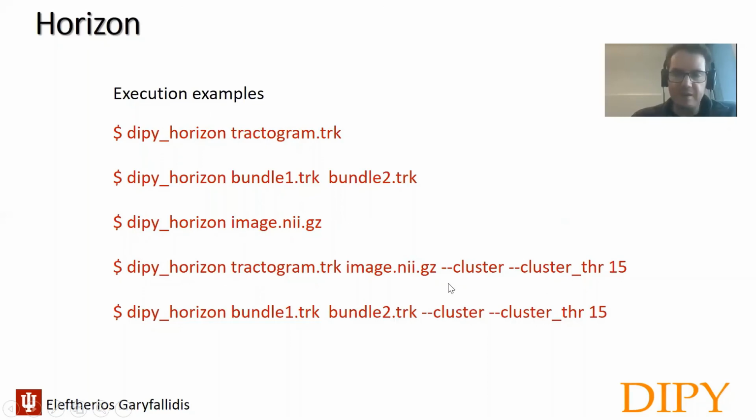And if you specify --cluster and the clustering threshold, then you can actually see the clusters and interact with them. Otherwise, you get the full tractograms as they are without clusters.